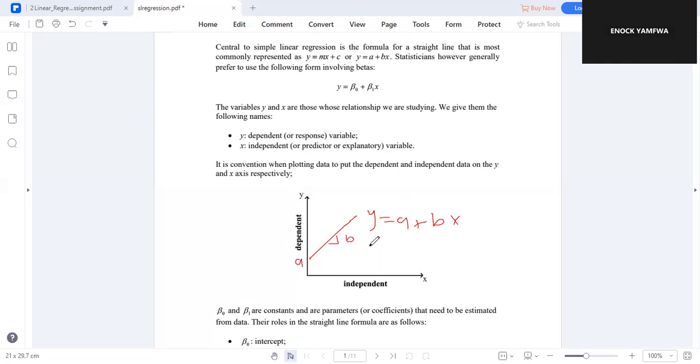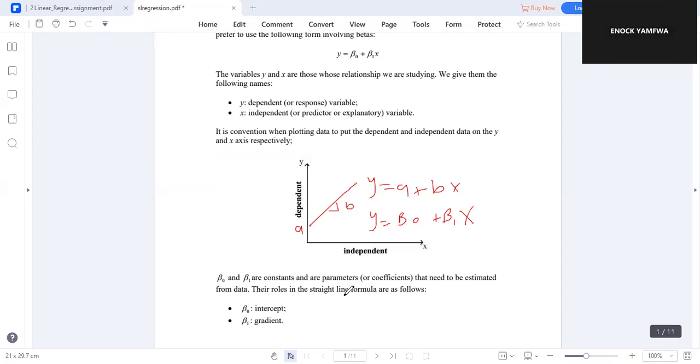Other versions will give you the regression equation as b0 plus b1 x. b0 is the same as the y-intercept, and b1 is what we call the gradient.